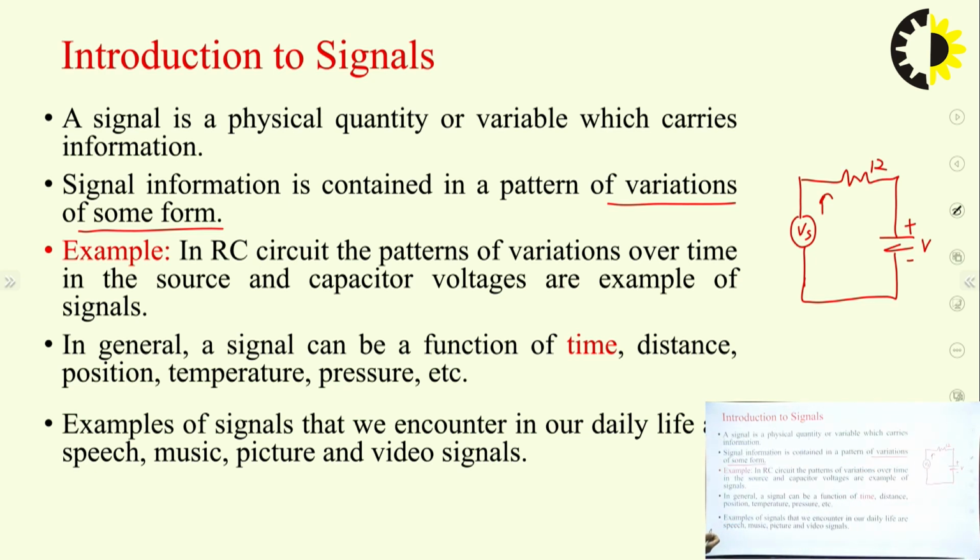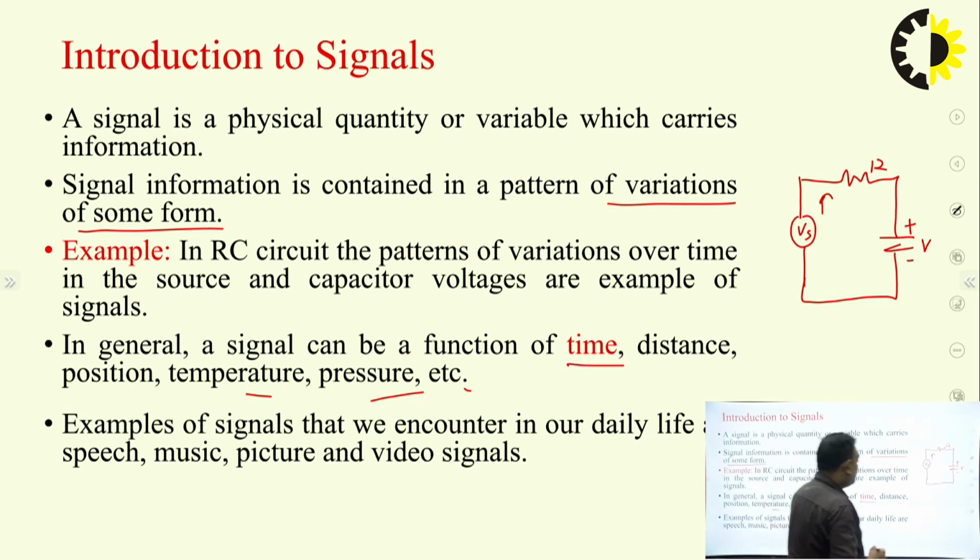A signal can be a function of time, distance, position, temperature, pressure, etc. All these may be independent variables, but because we are studying signals and systems, and as per our curriculum, the independent variable that we will take throughout this subject is time only.